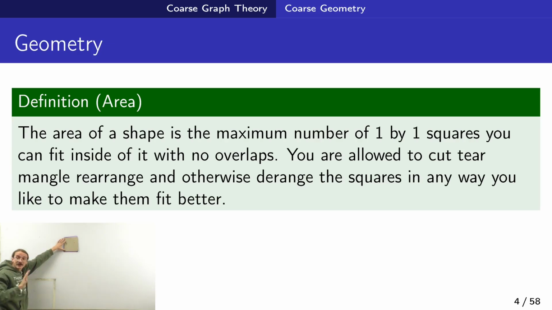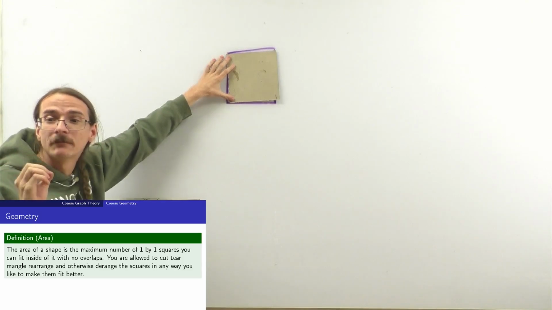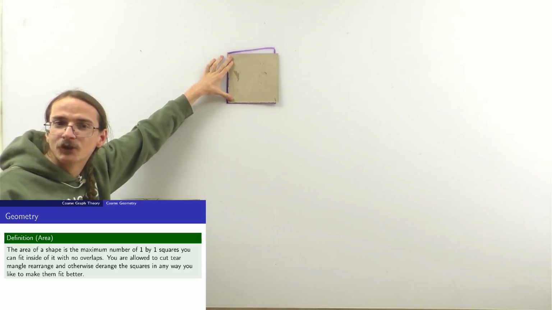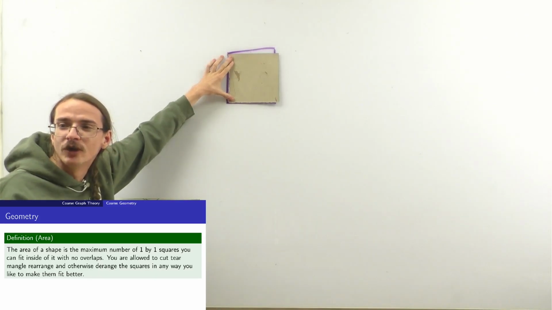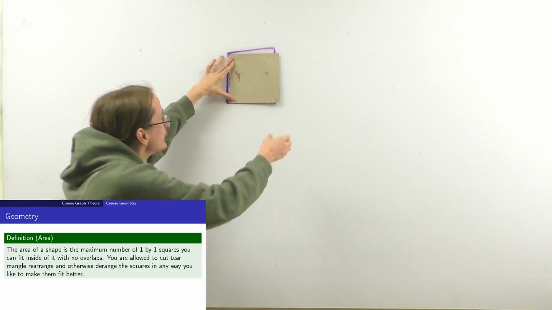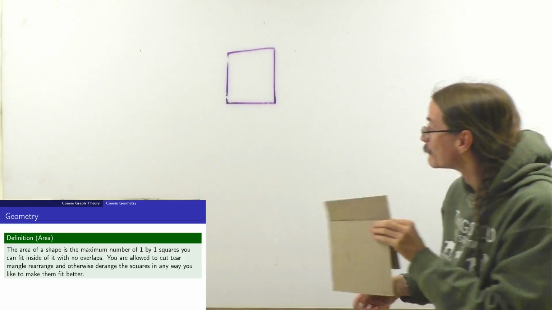At least 1. I can definitely get 1 in there. But remember, we want the maximum number that I can put in there without overlapping them. So what am I going to need in order to make sure I can't get any more inside of there? Exactly. I'm going to need another square.